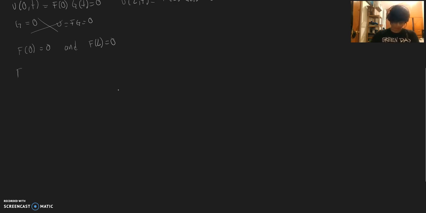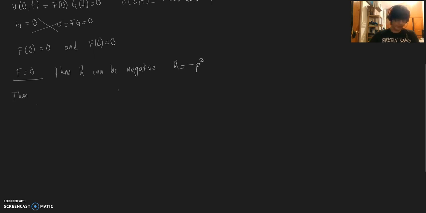So considering that f is equal to 0 at the boundaries, k can be negative. It can also be said to be equal to minus p squared, as we have already mentioned before.